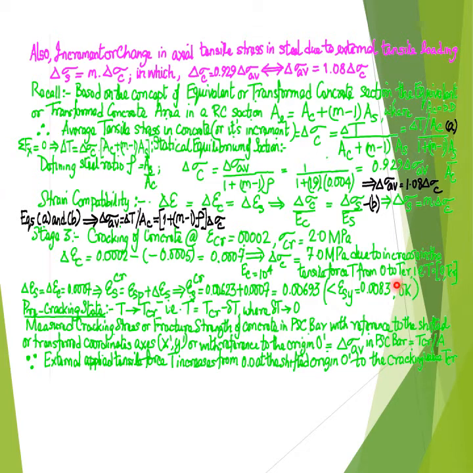As calculated in one of the earlier slides, the yield strain of steel based on the given yield stress of the pre-stressing steel and the Young's modulus of steel was found to be 0.0083, which is greater than the average applied actual tensile strain in the pre-stressing steel at the point of cracking of concrete.